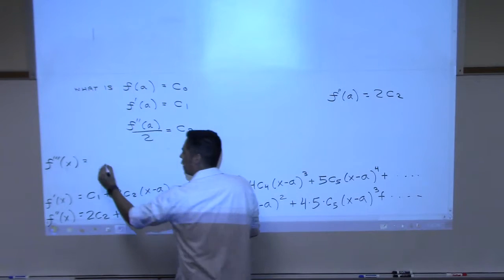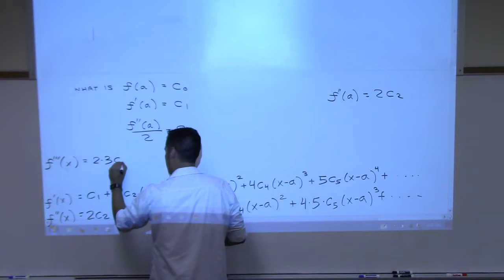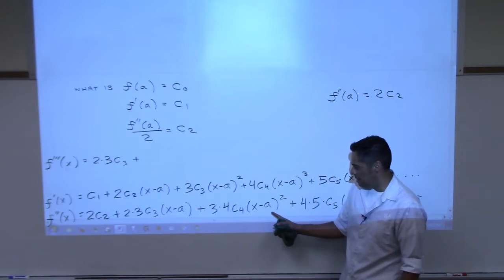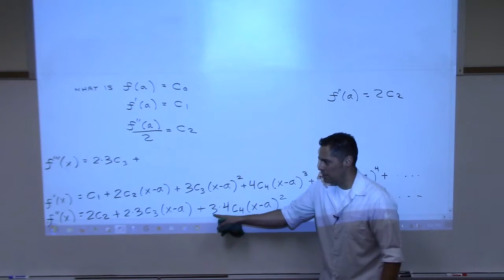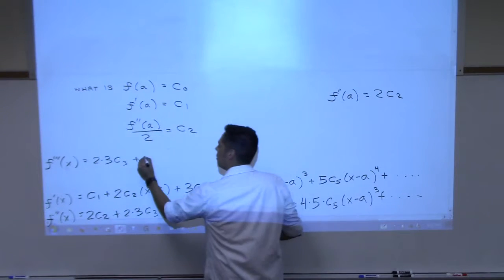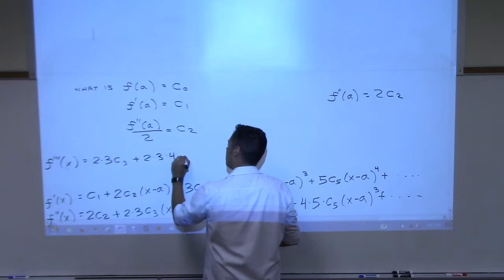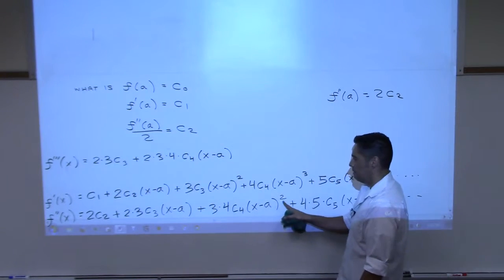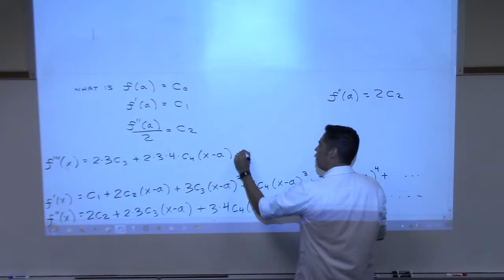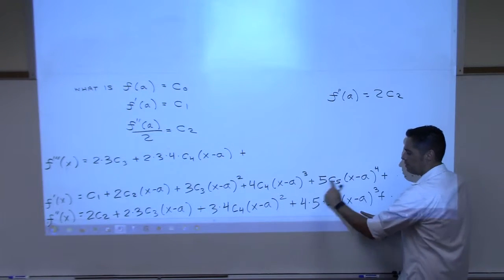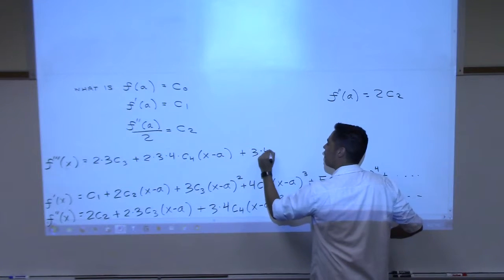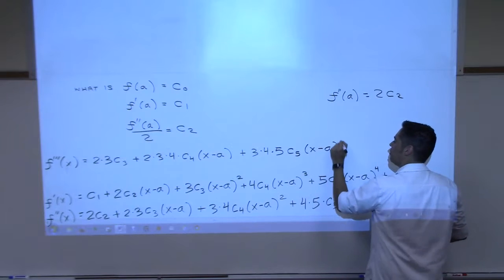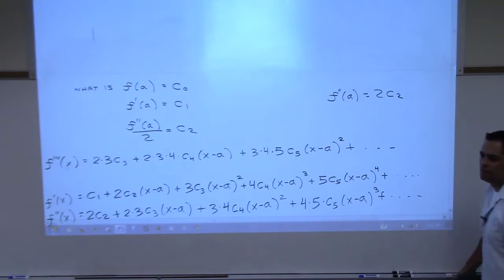Derivative, that's 1, so we get 2 times 3 c sub 3 plus, now check out, I think you're really going to see it now. 2 times 3 times 4 times c sub 4, x minus a to the first power. Plus, next one, 3 times 4 times 5, c sub 5, x minus a squared plus dot, dot, dot.